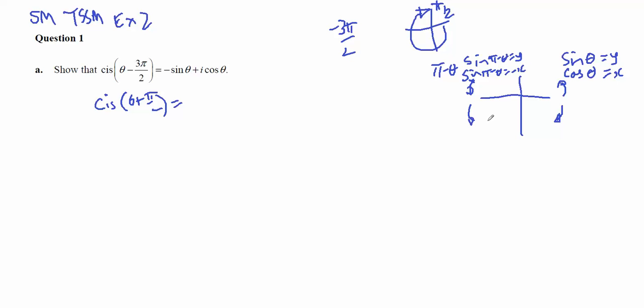And in the third quadrant it's minus y and minus x, and in the fourth quadrant it is minus y and positive x. We know about the symmetries away from 0 and away from pi, giving me pi minus theta, pi plus theta, 2 pi minus theta.